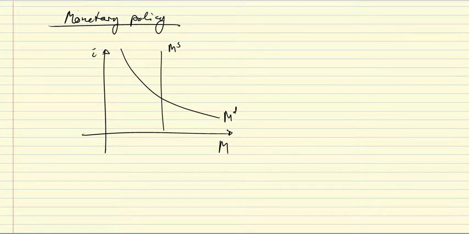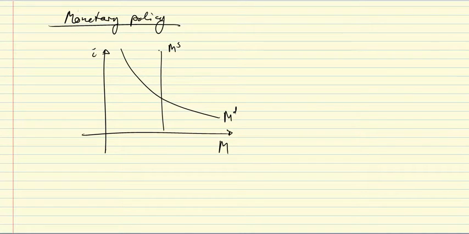So in this video, we'll talk about the money market and monetary policy. And just to recap, I have here the diagram with the interest rate on the vertical axis, money, the stock of money in the economy on the horizontal axis, and money supply determined exogenously by the central bank.